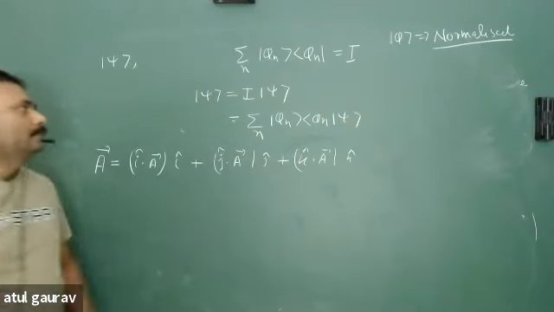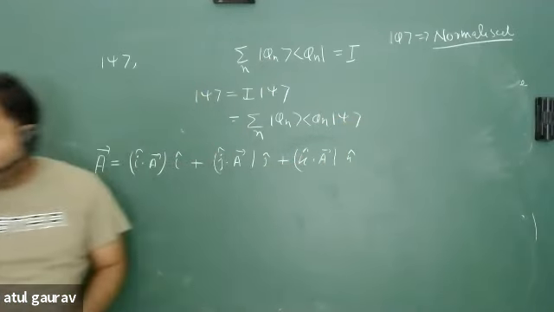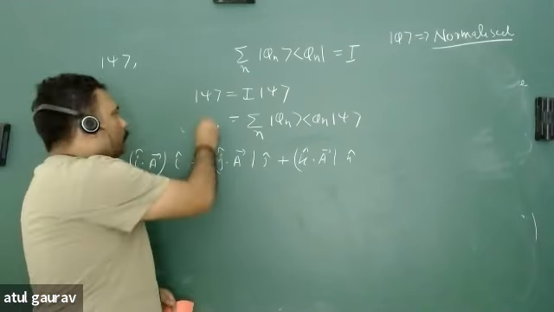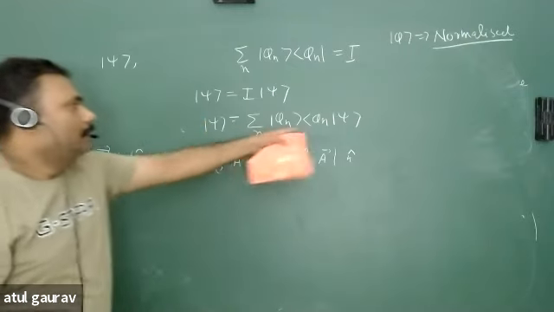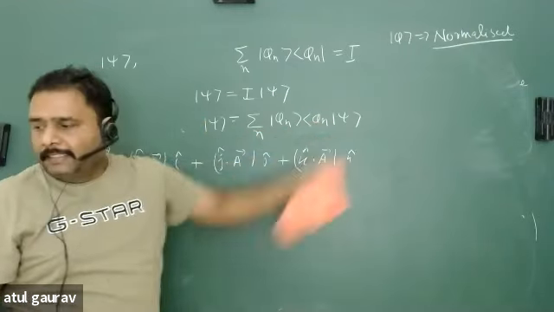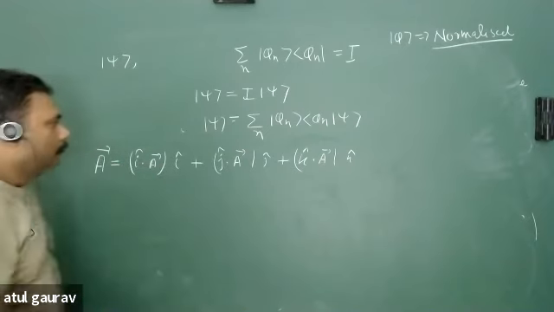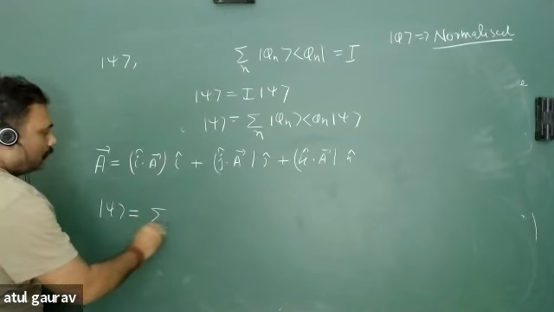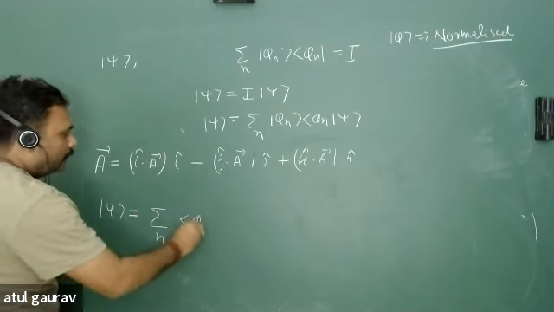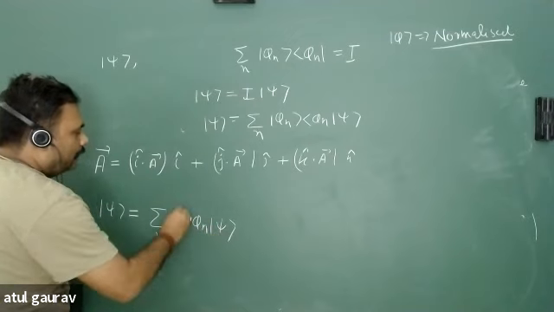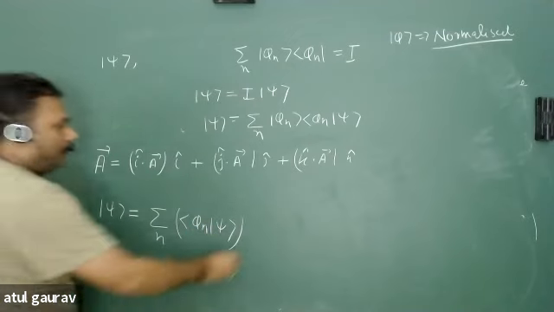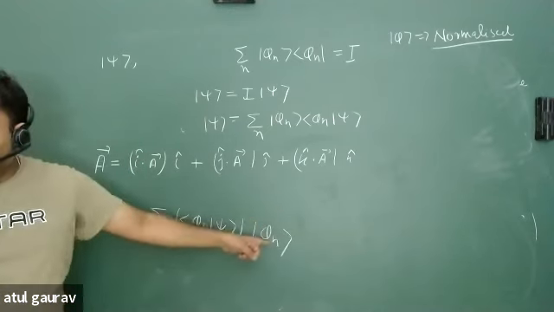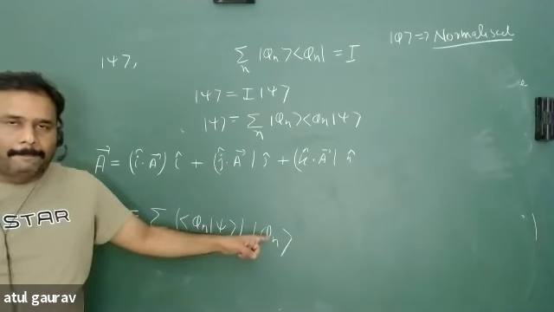So I have put this identity here. Here, phi n psi is nothing but a number. You can write the whole stuff as psi is equal to summation over n of the bracket phi n psi times phi n. And please mind that this phi n is an orthonormal vector.